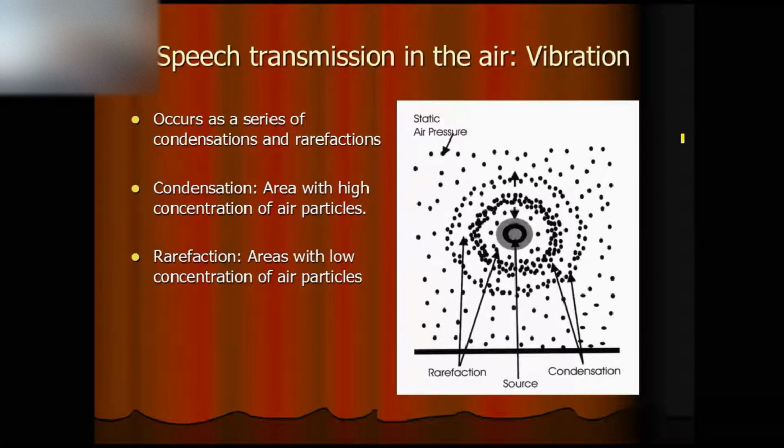As we talked about before, transmission is for vibration, not for the particles. Because if I speak here, the particles close to me vibrate back and forth, not too far away, just around their resting state.